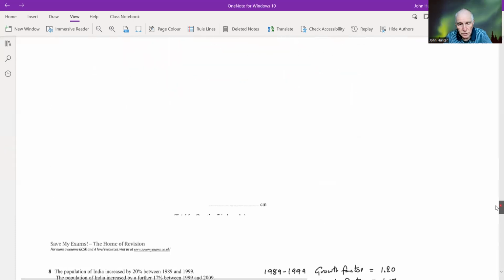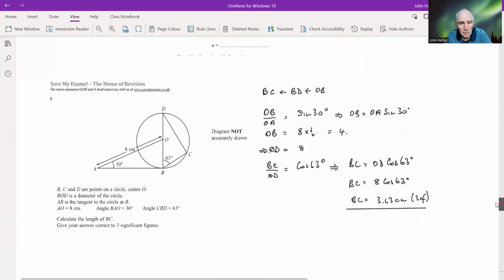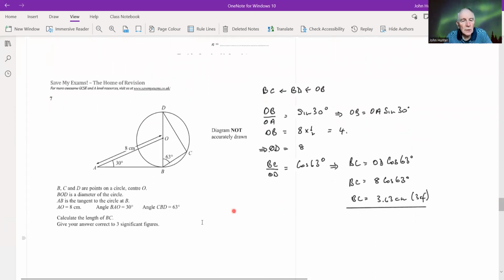Number 7. Right. Okay, we've got a circle and a couple of triangles. B, C, and D are points on a circle with center O. BOD is a diameter of the circle. Yeah, BOD, so this is a diameter here.